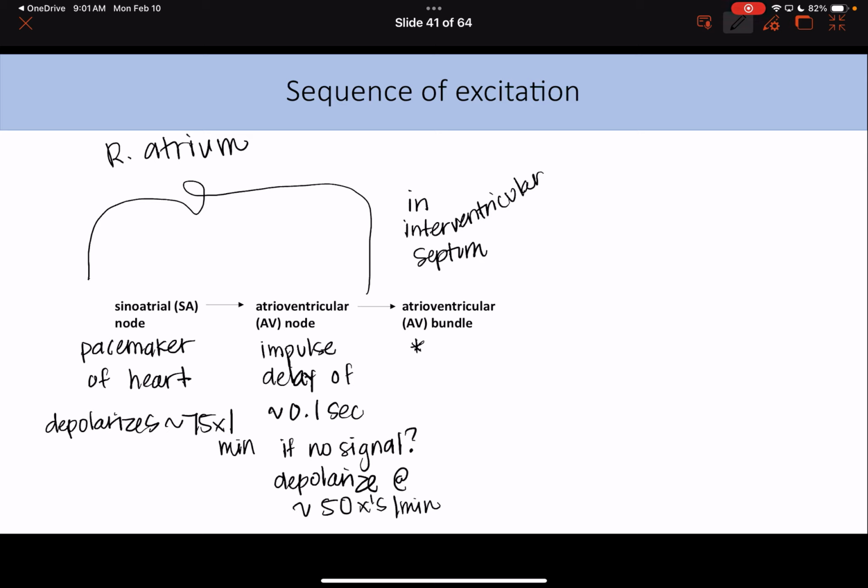Well, this is how they communicate with each other without those gap junctions. So this is the only connection between the atria and ventricles, because remember, there are no gap junctions between those two chambers.